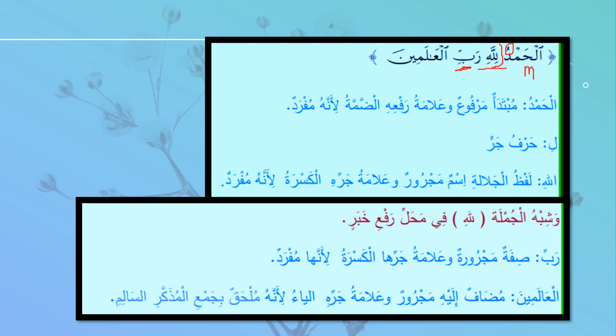So how do we know? If you check the structure here, Rabbil Alameen, it is playing the role of sifa first of all for Allah subhanahu wa ta'ala, and now it's playing the role of mudaf for Alameen. This is the Jama Mudhakkar, mulhaq from the Mulhaq. Alameen, and it has a fatha, means the world.